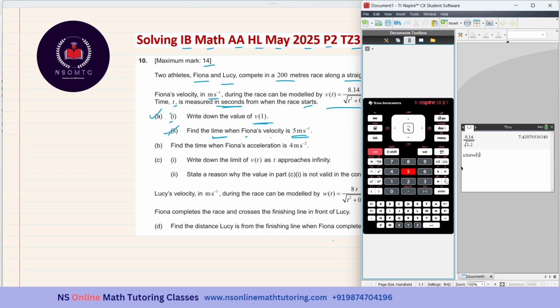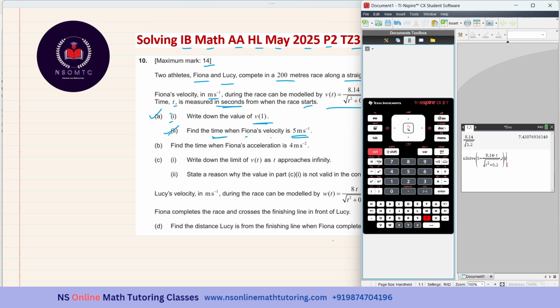So 5 equal to 8.14 times t over square root of t square plus 0.2. And now I have to declare the variable. So it is t. And I can give the condition t is greater than or equal to 0.